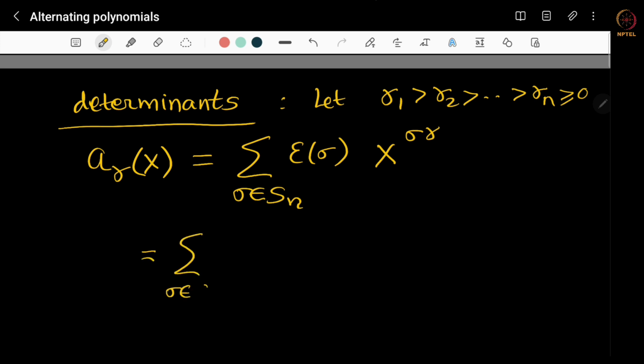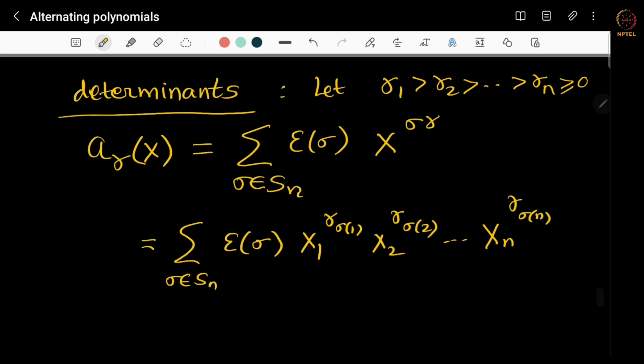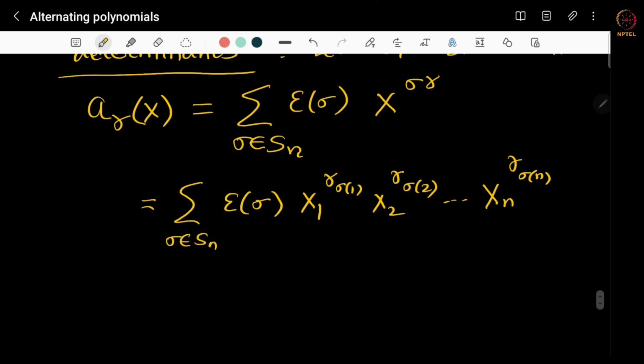So let's make this connection more explicit. What's the connection with determinants? Recall, what's the alternant? Let me call it a_gamma. Let gamma be strictly decreasing, gamma_1 greater than gamma_2, and so on, down to gamma_n greater than or equal to 0. So I have a strictly decreasing n-tuple, and I have the corresponding alternant a_gamma.